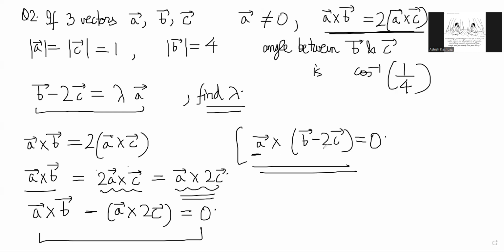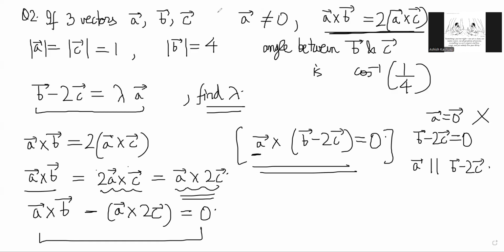How can this cross product be 0? You have three options. A is 0, B minus 2C is 0, or A is parallel to B minus 2C, right? A being 0 is not allowed because it is given in the question. B is not equal to 2C because if B was equal to 2C, then B and C are parallel.